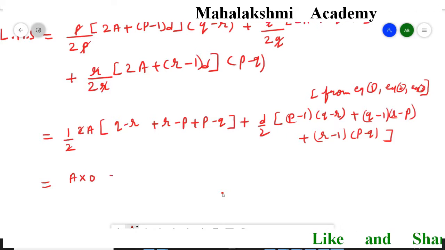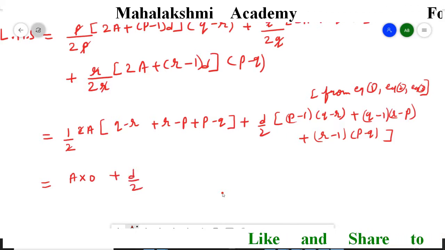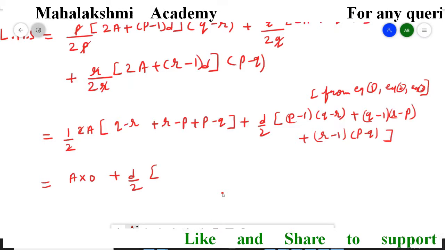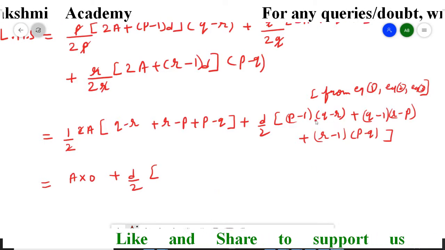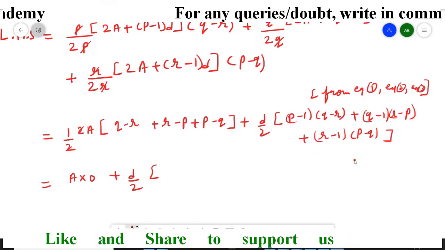Now here d upon 2, and now in this big bracket we have to open all the small brackets by multiplication.